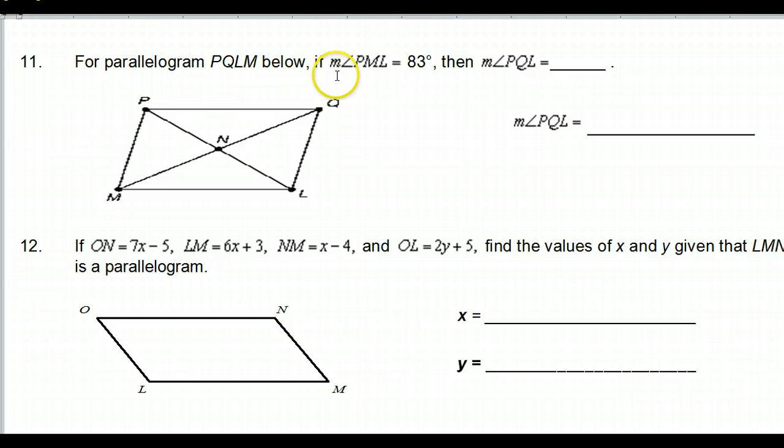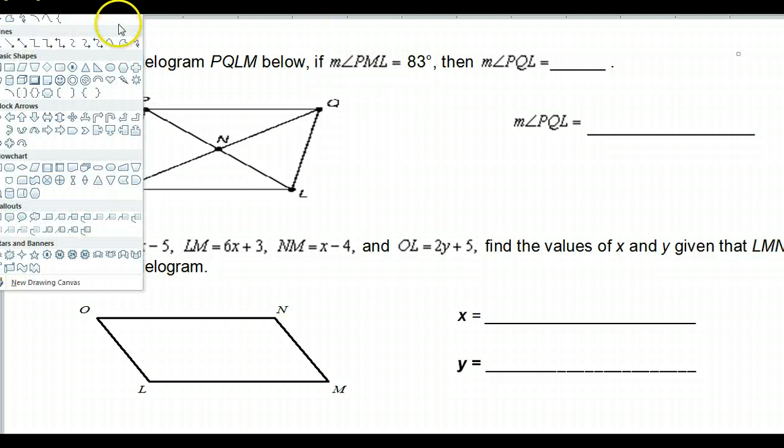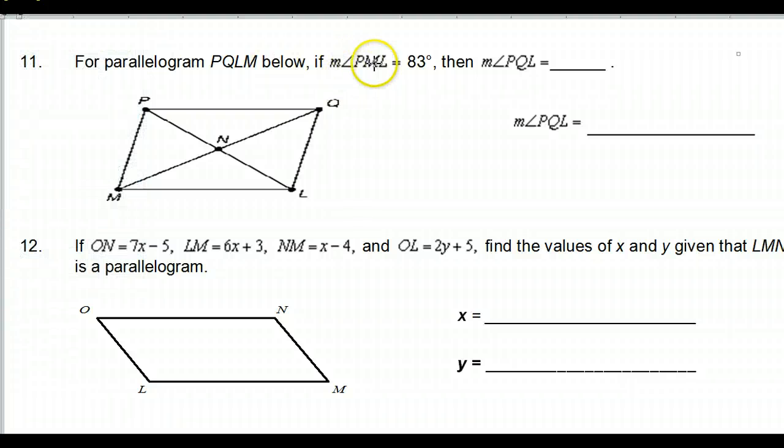This parallelogram has angle PML that's 83 degrees. Let's check that out. PML. So that means I got to go from P to M to L. Okay, so there's angle PML that I've just shown here in red.